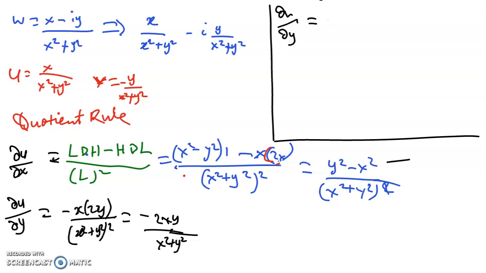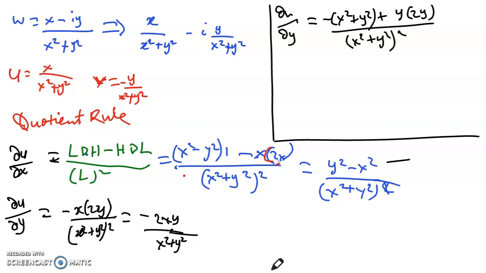If we use the formula, this will be negative x squared plus y squared, differentiating with respect to y, plus y times 2y, all of this divided by x squared plus y squared, all squared.